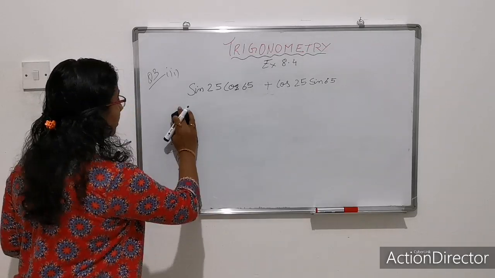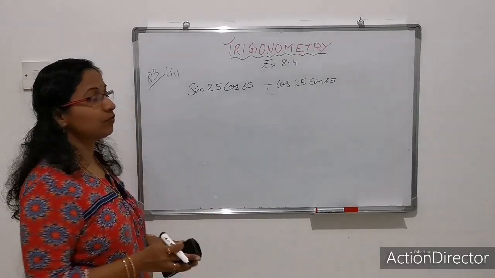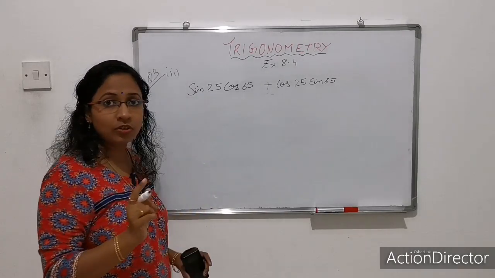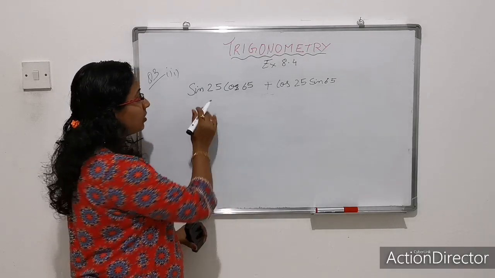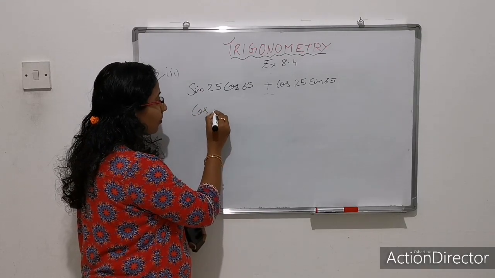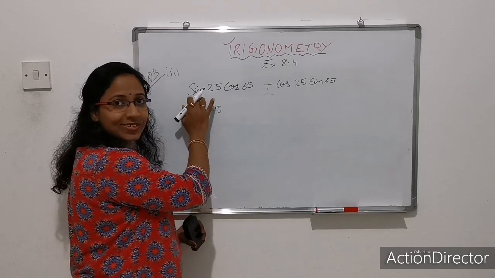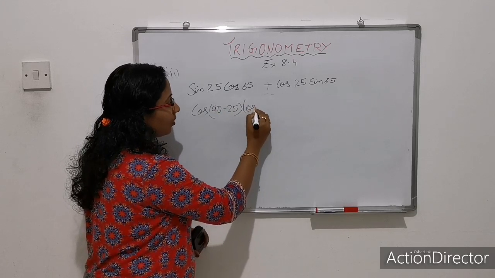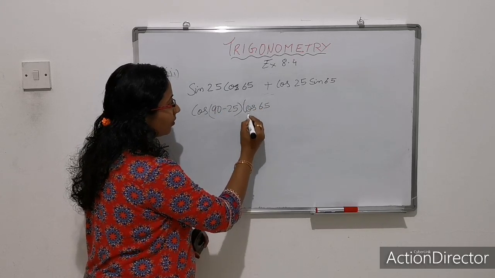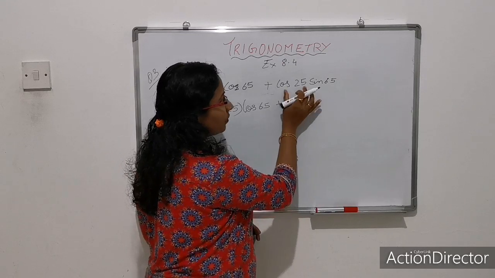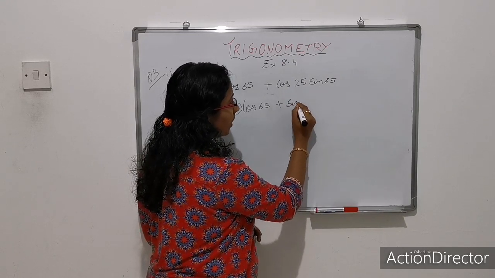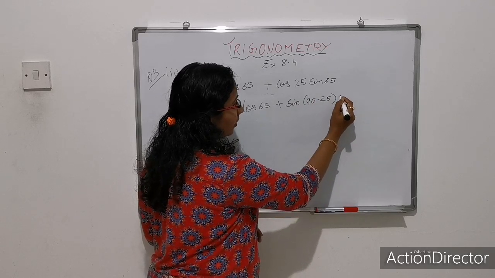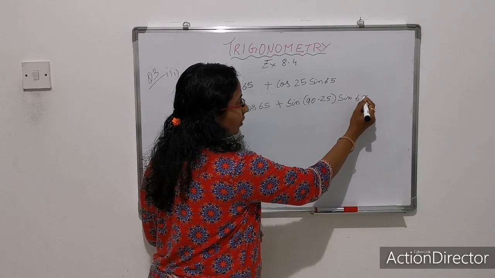Right? So whenever you see angles, you have to check for 90. So you have to change one of these into cos of 90 minus theta or sin of 90 minus theta. I always prefer to change the first one. So this becomes cos of 90 minus 25 into cos 65 plus, the first one I am changing, this becomes sin of 90 minus 25 into sin 65.